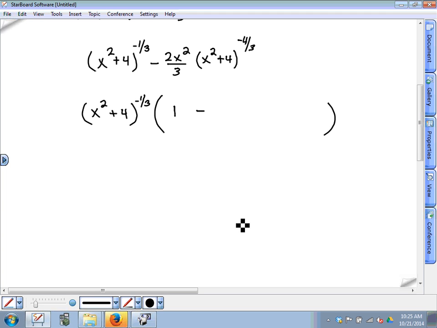That's going to be 1 minus 2x squared over 3 times x squared plus 4 to what power? The negative 1? Or is it the negative 5/3? When you pull out a third, that leaves 3/3, which is negative 1.